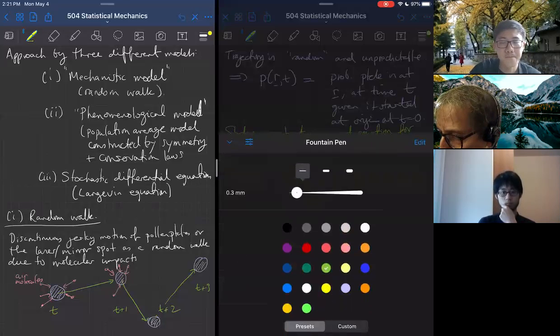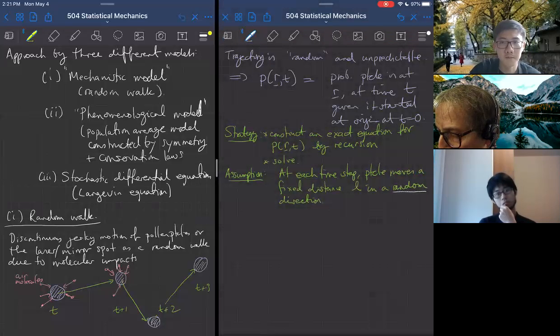So that is where the stochasticity comes in, just in the random direction.